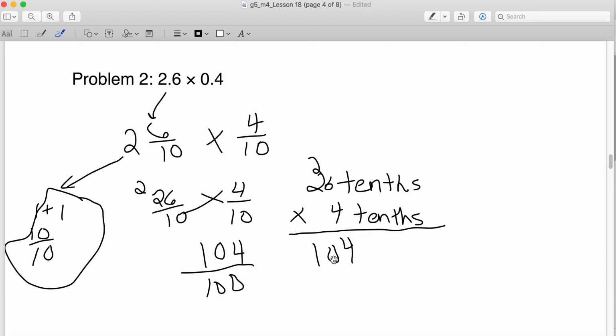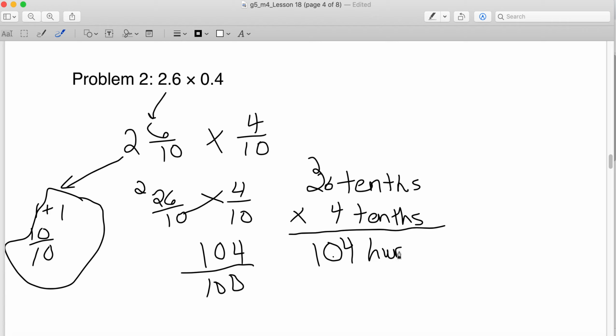And so what does this become? Now it's very, very tempting. Hold on just 1 second. It's very tempting to say this is 104 tenths, but immediately what do I have here? I have hundreds.